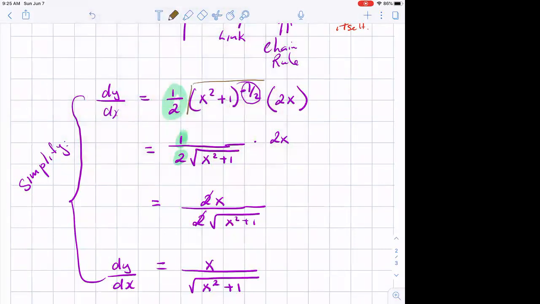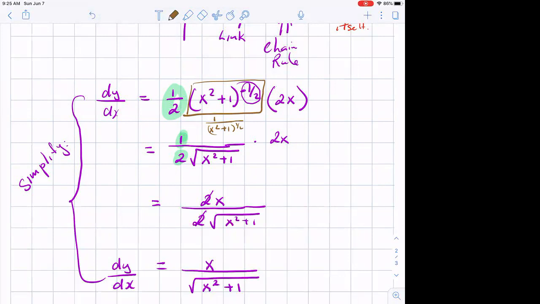This here really means 1 over (x squared plus 1) to the positive 1/2 power, and then 1/2 power means square root. A lot of algebra hidden here.